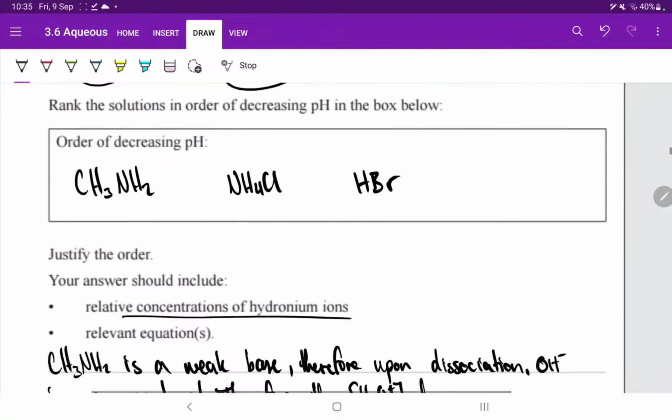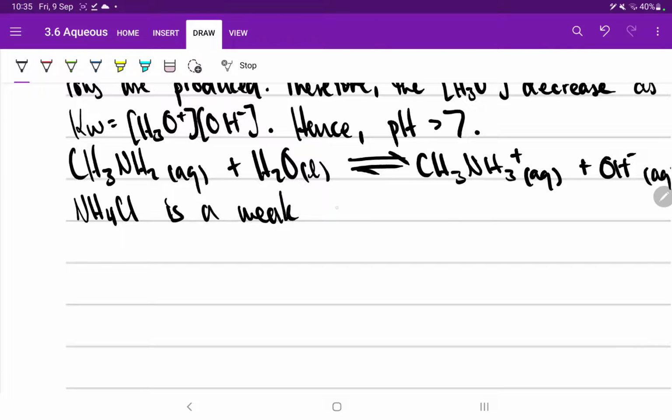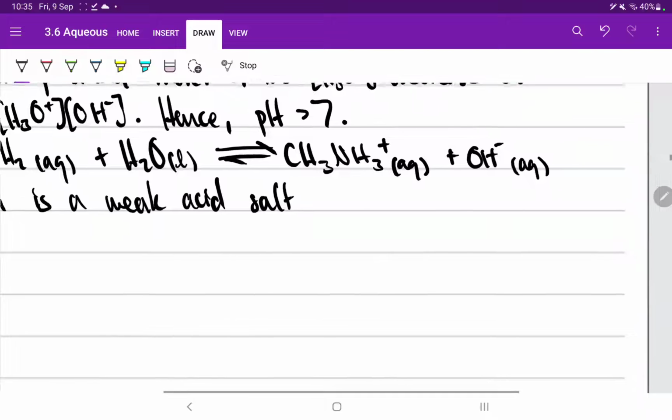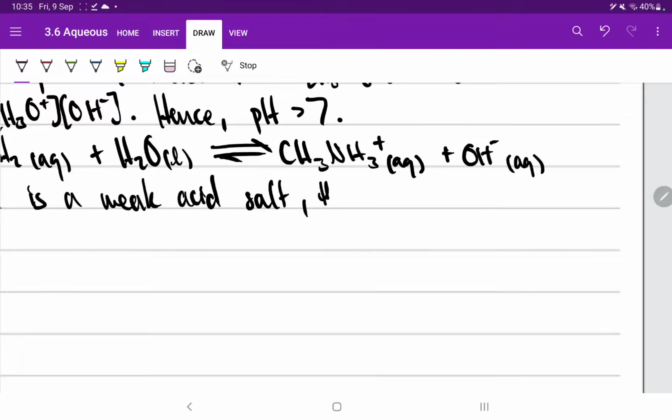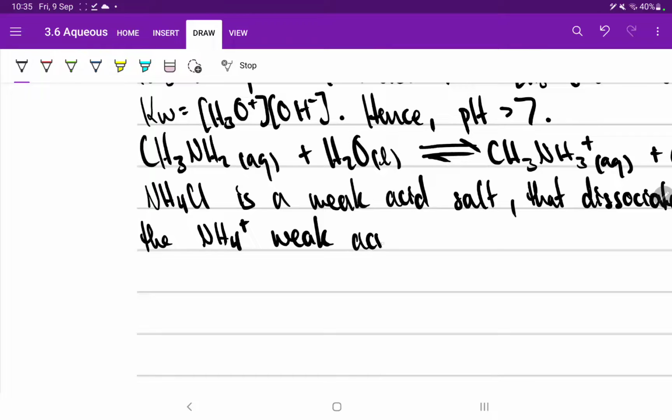Cool. On to the next. NH4Cl is a weak acid salt that dissociates to produce the ammonium weak acid.